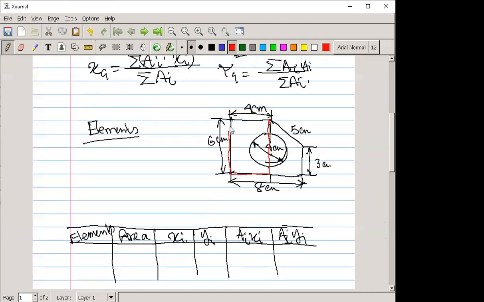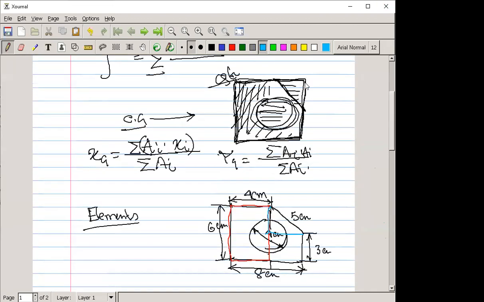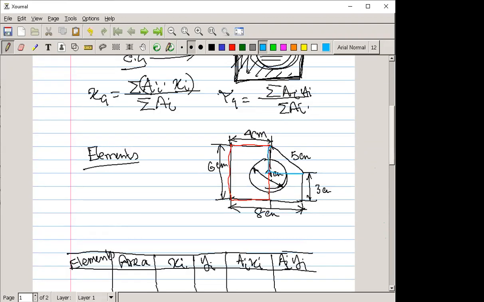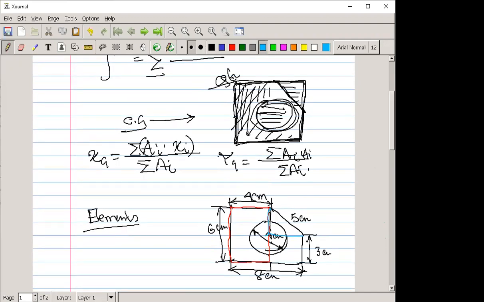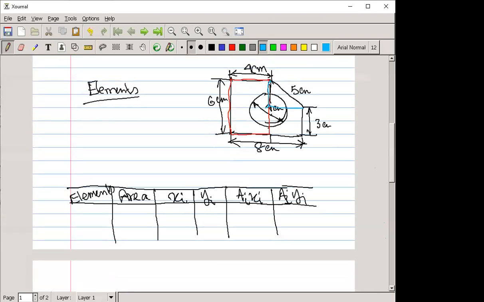Take this one as area 1. This is one portion, 4 centimeter and 6 centimeter, the cross section.